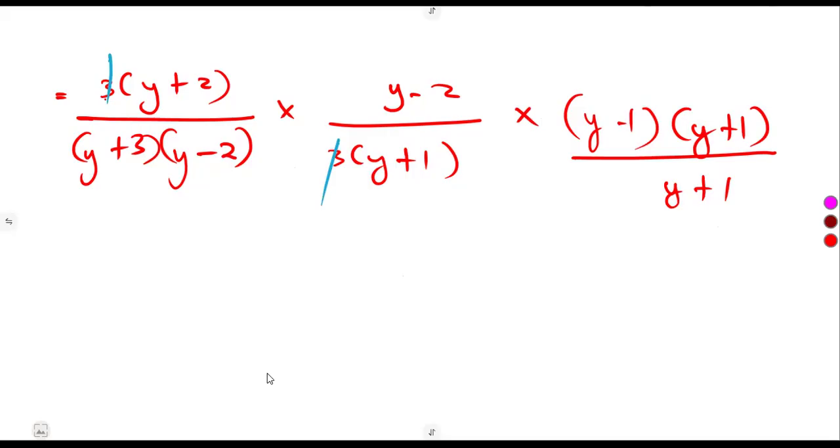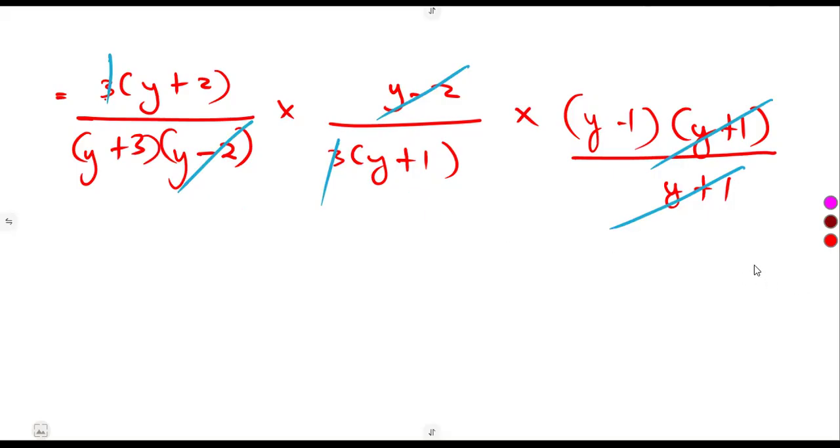It does not matter which fraction to which fraction, as long as one is in the numerator and the other one is in the denominator, and they are the same, we can cancel. Such as y minus 2, y minus 2. We can cancel those. Y plus 1, we can cancel. So on y plus 1, there's another y plus 1. We cannot cancel this because it's already taken.